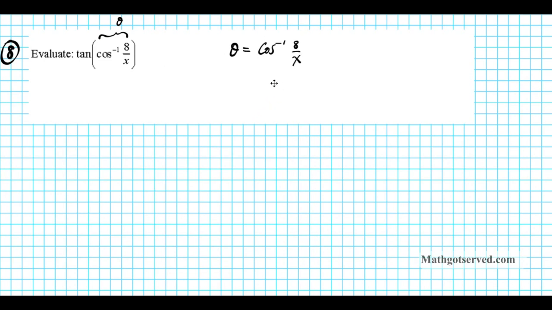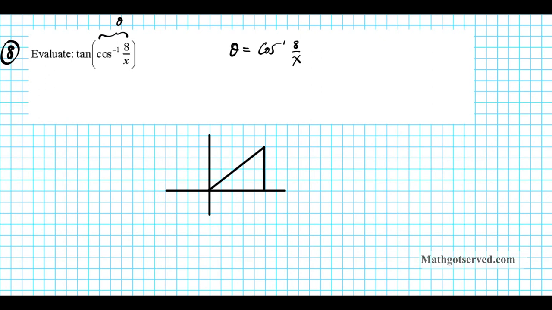If theta is equal to the inverse cosine of 8 over x, what do you think these two measures are in a triangle in standard position? So let's make a triangle in standard position right here. I'm going to put it in the first quadrant. Okay, and let's say theta is in quadrant number 1, since there's no negativity here.